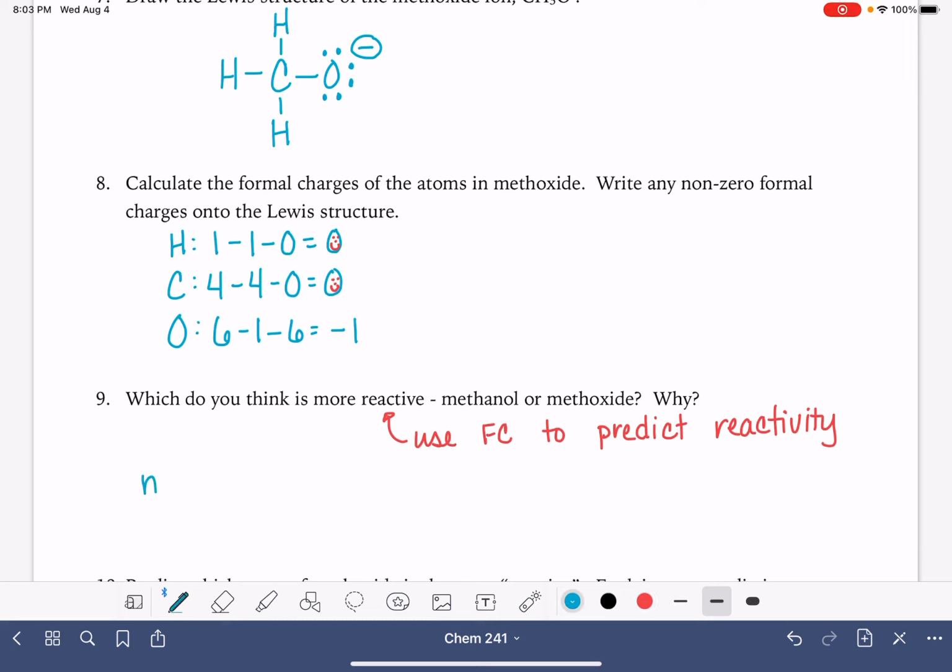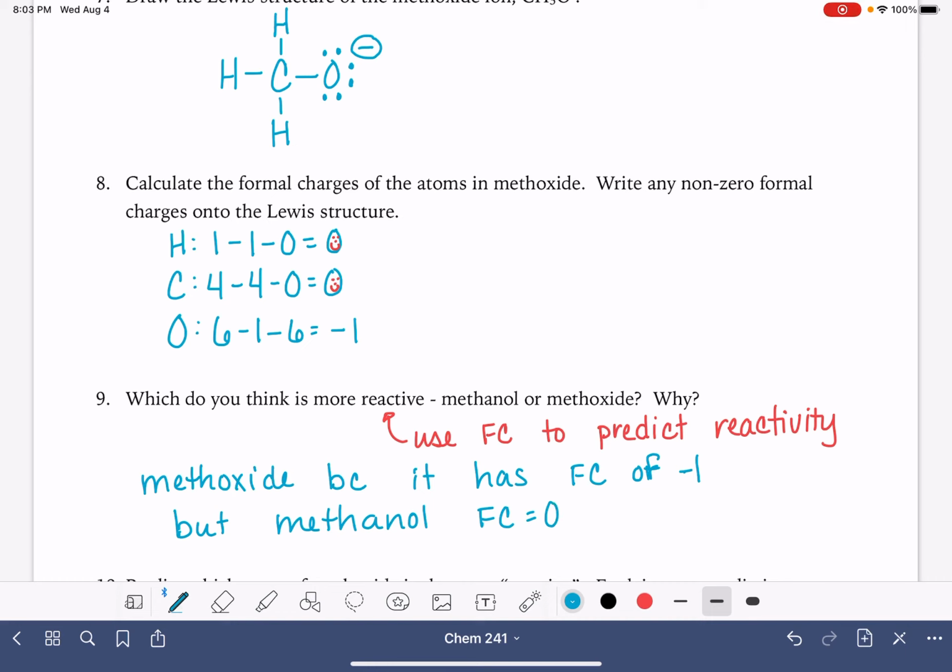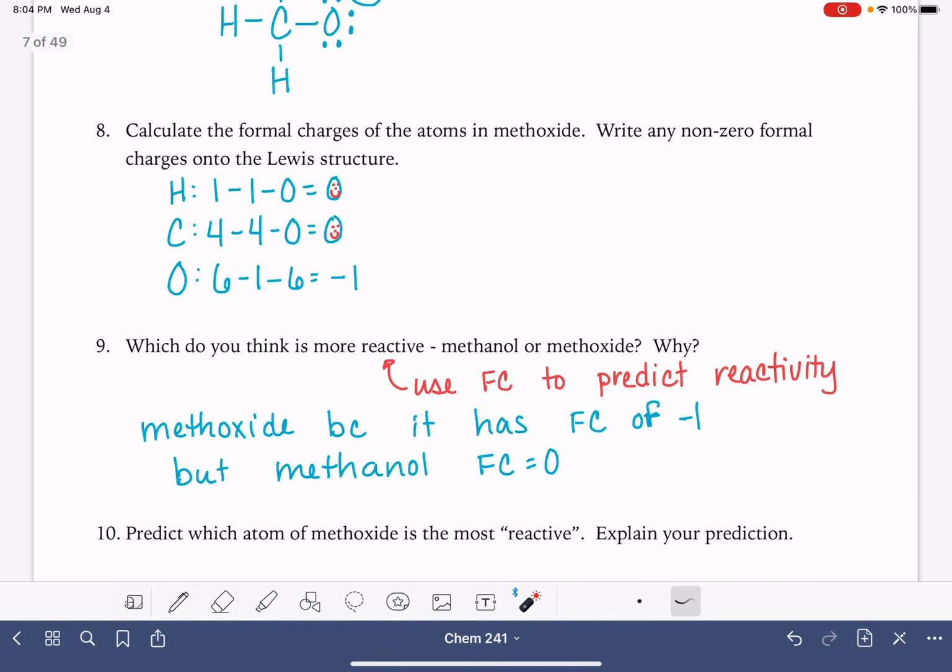So the more reactive would be methoxide, and this is because it has a formal charge of -1, but the methanol molecule formal charge is 0. Whether your formal charge is negative or positive doesn't make a difference. The magnitude is all that matters. If you have a formal charge of anything other than 0, that means that the molecule has reactivity and instability.